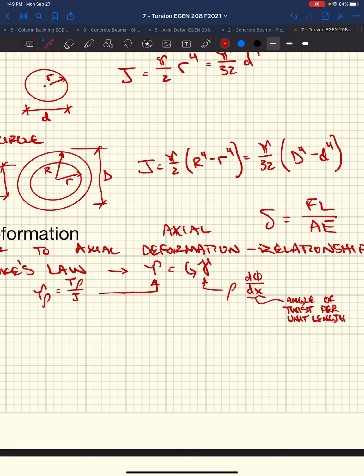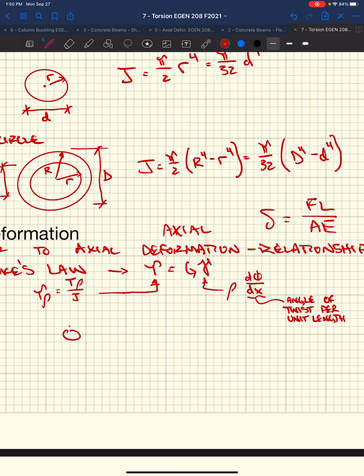Well, if we plug all of those things in, we multiply by the length, right? Because this is angle of twist per unit length. So if we took d phi over dx and multiplied by the length, we would get our total rotation, our angle of rotation.